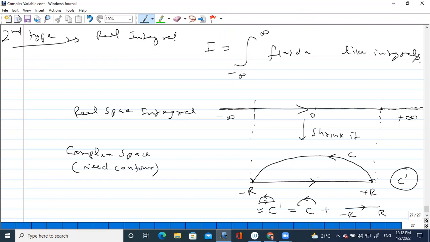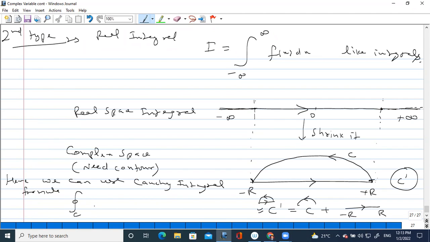Now for this contour we can use the Cauchy integral formula. And what is that?